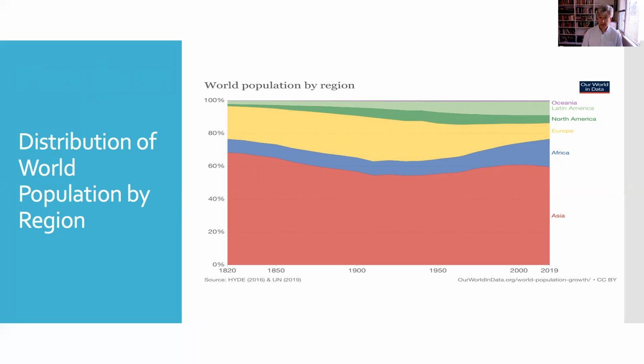We look at Europe as well and the ways in which it expanded over this period, but the ways in which it is shrinking today, why that's the case, and what it might portend for the future. And the last one we're going to talk a little bit more about is Africa, looking at the largely stable proportion.